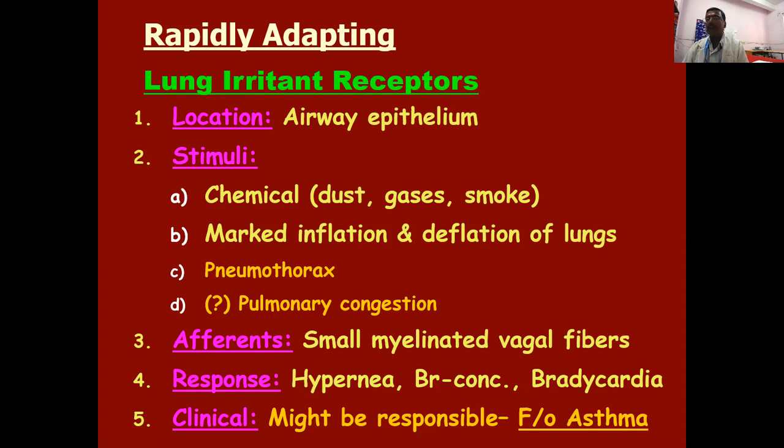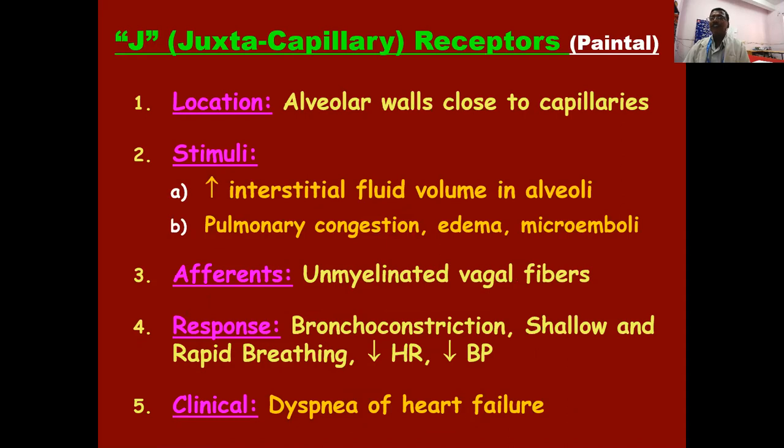Afferents for these rapidly adapting receptors are small myelinated vagal fibers, and responses are hyperpnea and bradycardia. Clinically, they might be responsible for, for example, asthma.